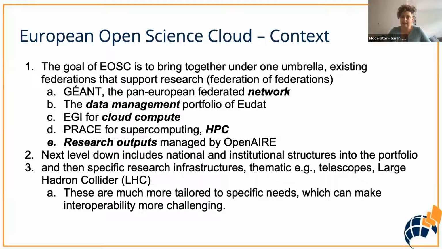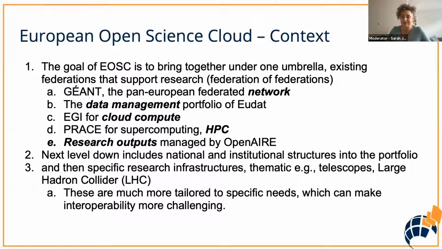And all of these research infrastructures are much more tailored to the specific needs of a given community. So they use domain-specific metadata standards. They all have different practices in terms of when data is made open and how it's licensed, based on the way that community operates. And that can make interoperability challenging because everybody has different needs.